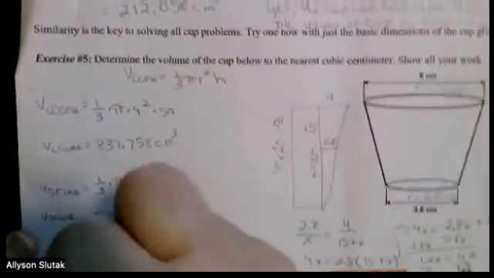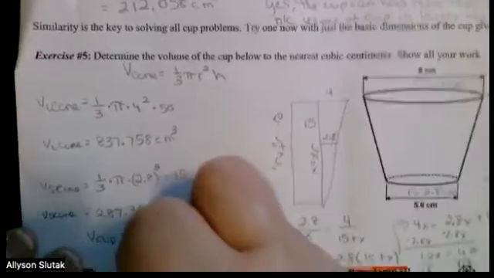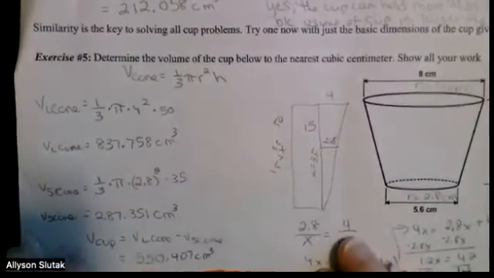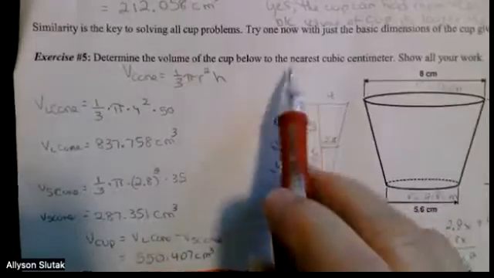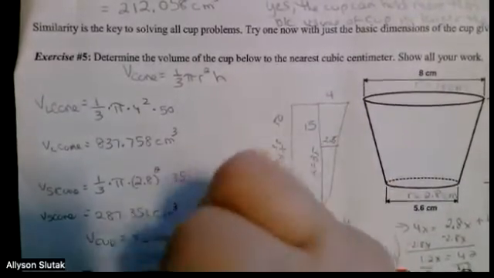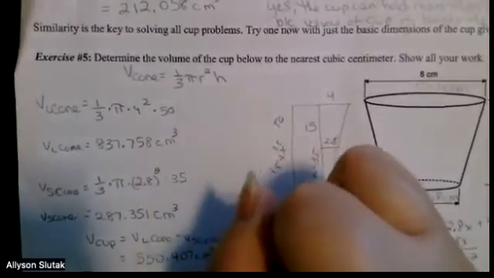It will be 550.407 centimeters cubed. But then they want you to round to the nearest cubic centimeter. That means that they don't want any decimal. So your final answer is 550 centimeters cubed.